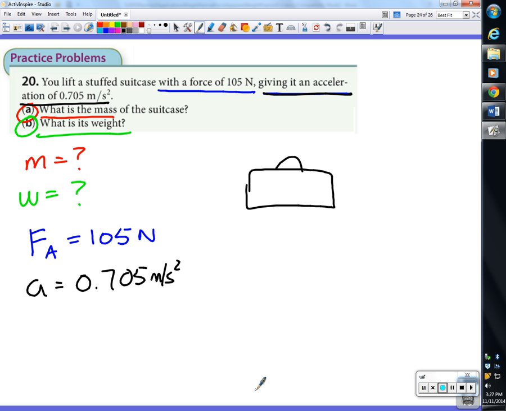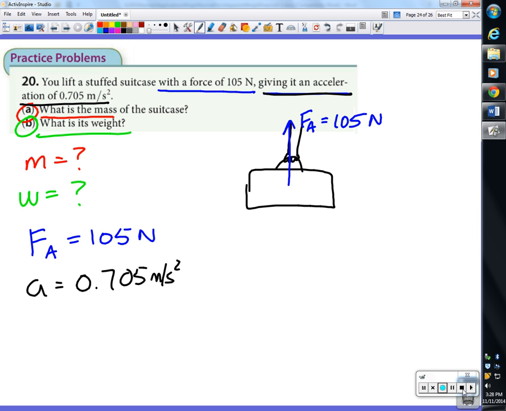Here's my suitcase, handle. There's my hand. Okay? It says that I'm lifting it with a force of 105 newtons. I called that F of A in my problem, so I will label it as F of A, and I know that that's 105 newtons.